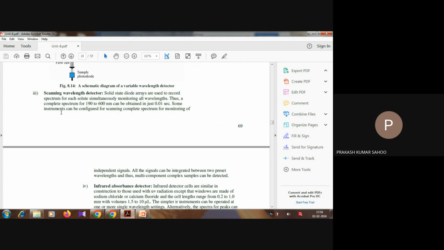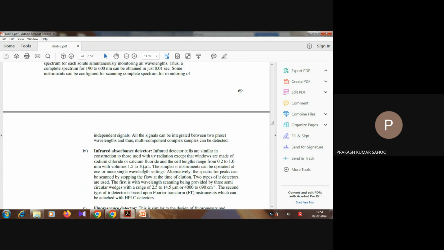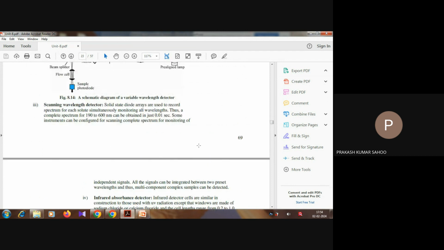Thus, a complete spectrum from 190 to 600 nanometers can be obtained in just 0.01 second. Some instruments can be configured for scanning the complete spectrum for monitoring independent signals. All the signals can be integrated between two preset wavelengths, and thus a multi-component complex sample can be detected. So this is all about the scanning wavelength detector.